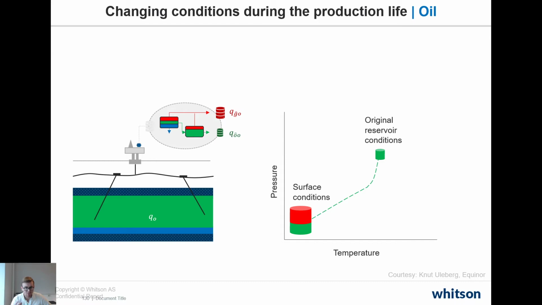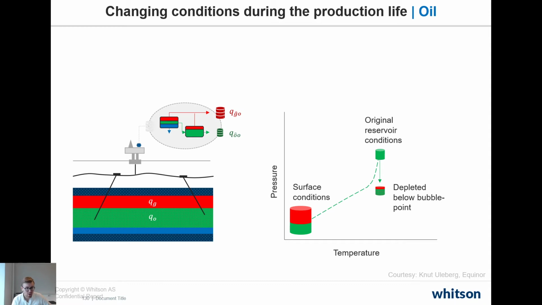And the GOR for this particular case is some certain number, and as we deplete the pressure below the bubble point, gas is actually coming out of solution in the reservoir.